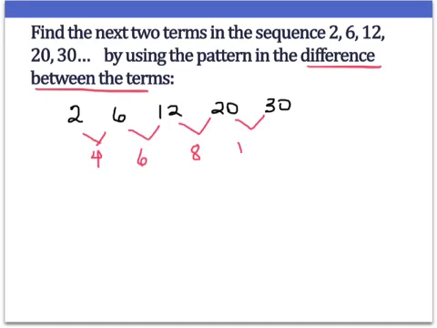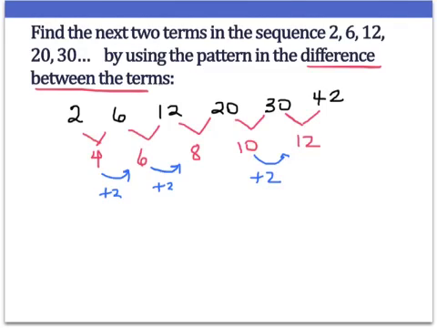What I'm seeing here is that between each one of these, I'm adding 2. So if I add 2 to 10, that gives me 12. And so I would add 30 and 12, and that would give me 42. I've got to do one more term, and it looks like this will be a 14. Add 14 to 42, and we get 56. And those are our next two terms.